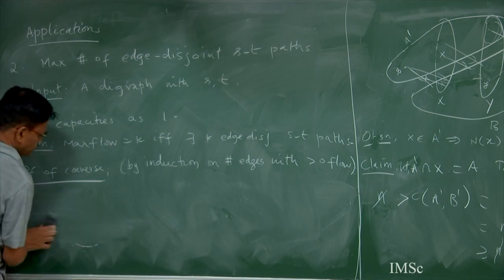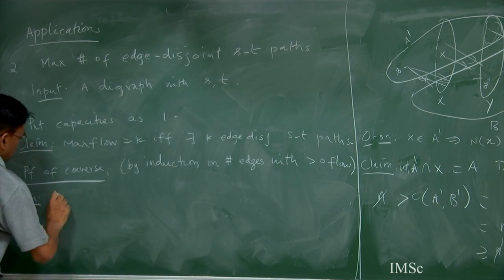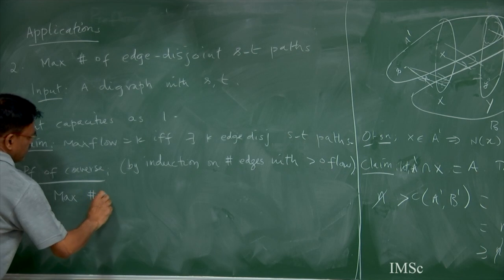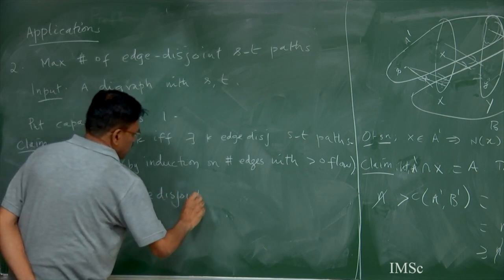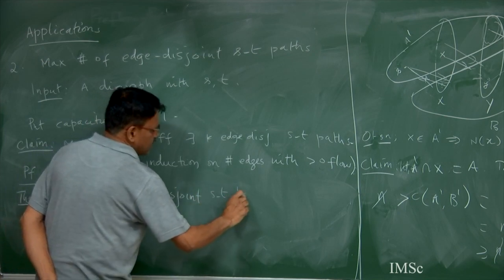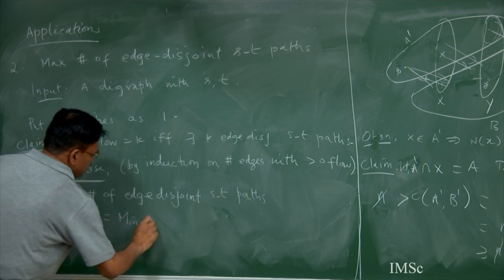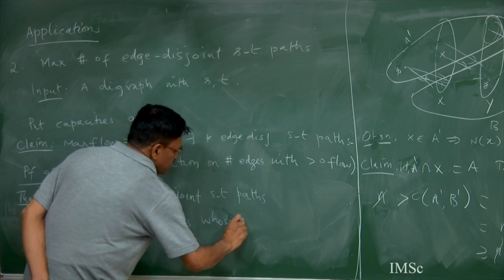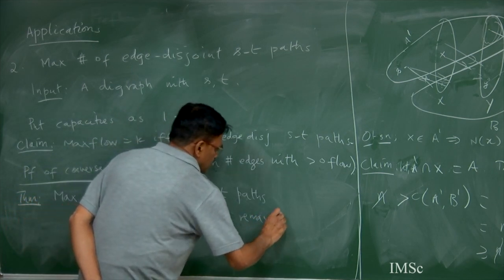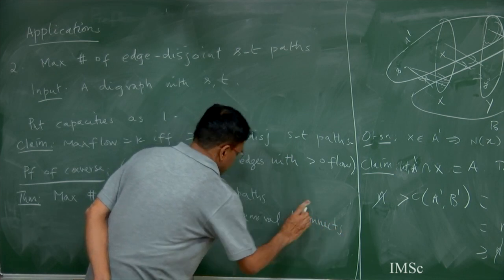And the duality theorem here is: the maximum number of edge disjoint ST paths is equal to the minimum number of edges whose removal disconnects S and T. Okay.